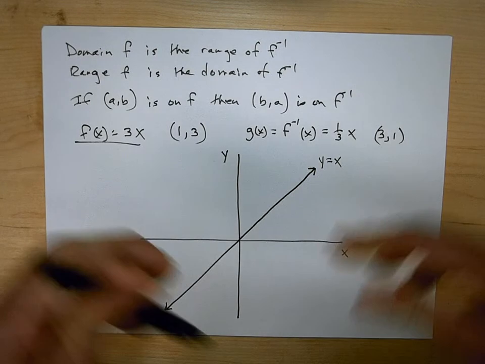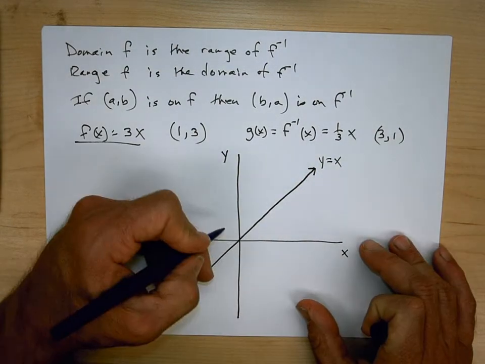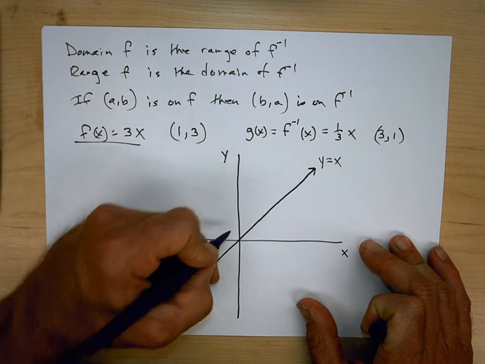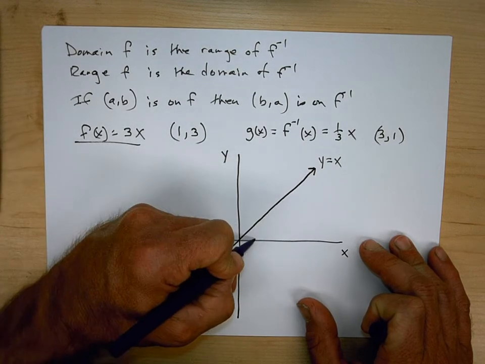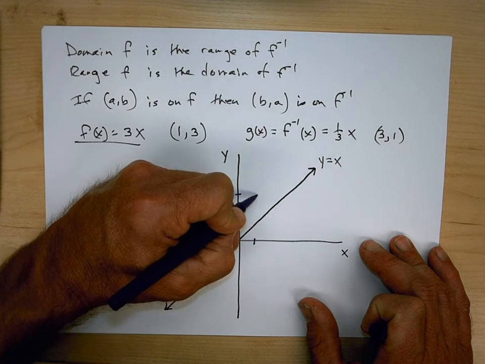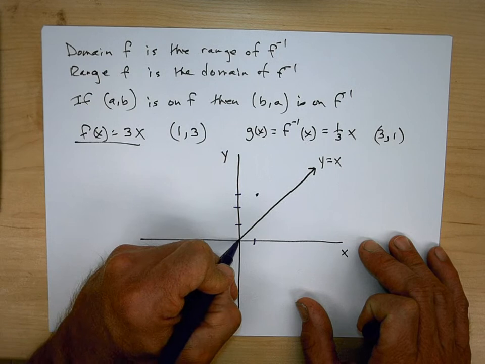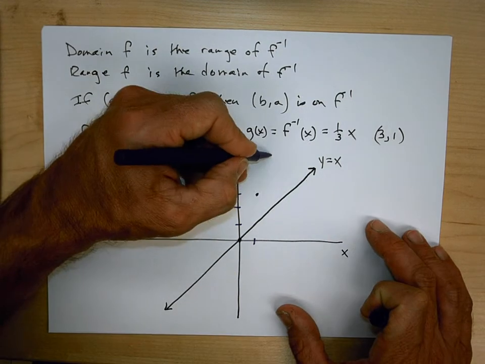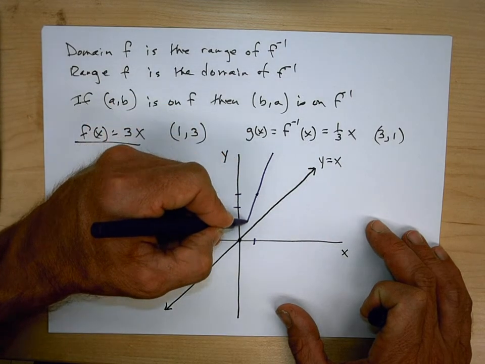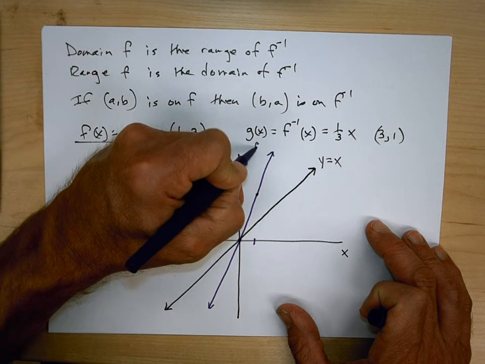So let me just use another color to demonstrate that. So for y equals 3x, let's graph that first. So we go 1, and then 1, 2, 3. So we know, well, there's your (1, 3). We also know that it goes through the origin, so that's the graph of f.